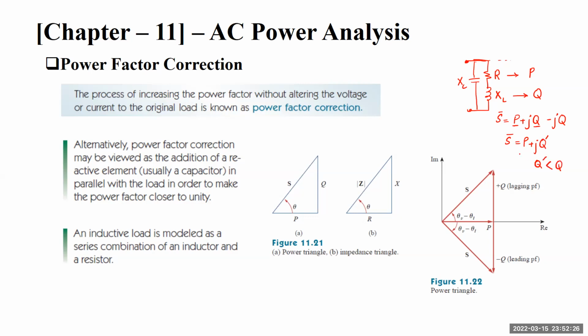This eventually gives us a benefit: when we add a capacitor, the reactive power component Q decreases, and hence the value of S, the complex power required to support this load, is decreased.